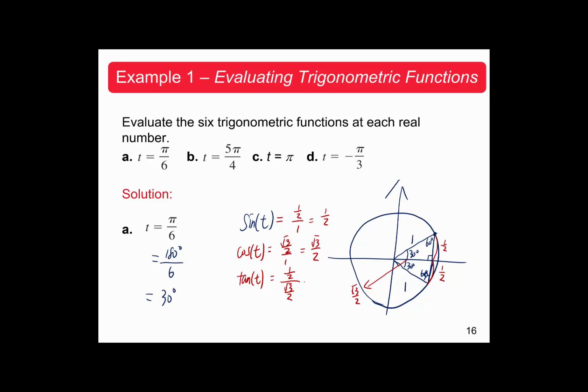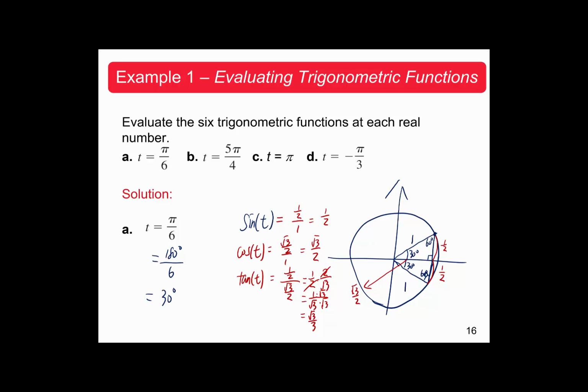So this is a complex fraction, so you do half times the reciprocal of the bottom fraction, cancel the 2, you get 1 over radical 3, and rationalize this by multiplying radical 3 on both top and bottom. So we end up with radical 3 over 3. Yep, that's 3 of them.